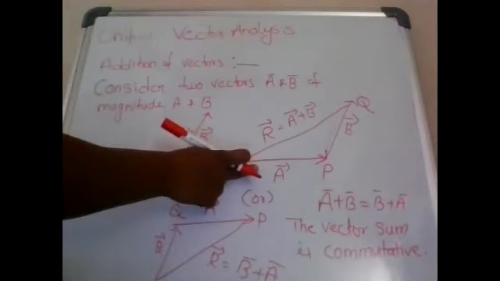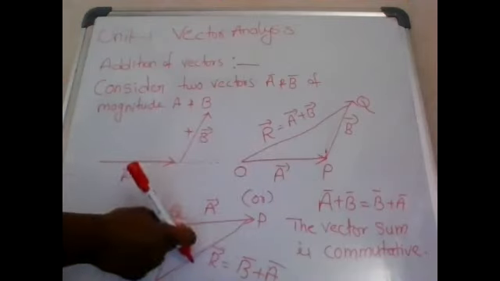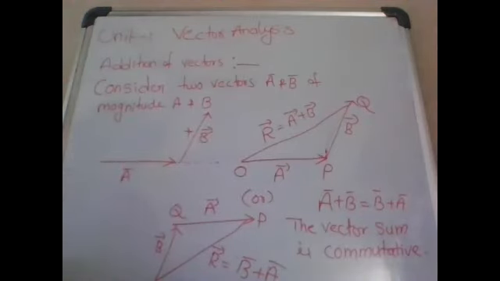In addition of vectors, the vector sum is commutative. That means A bar plus B bar equals B bar plus A bar.